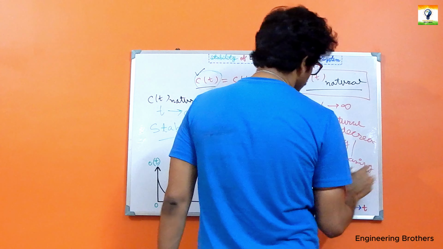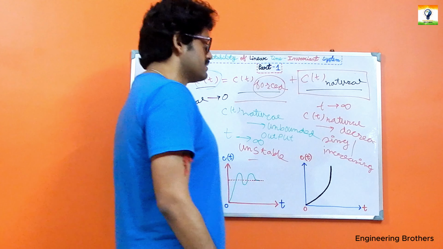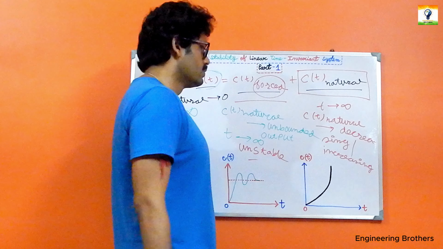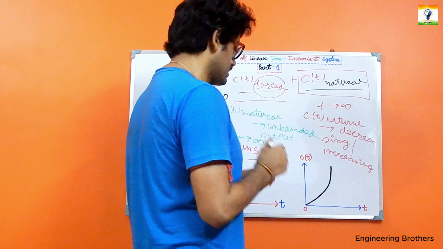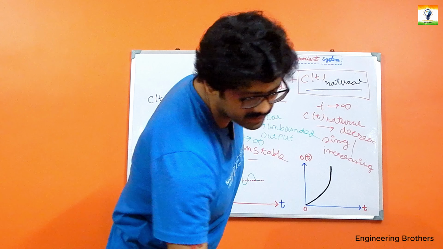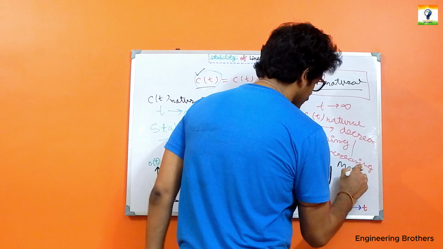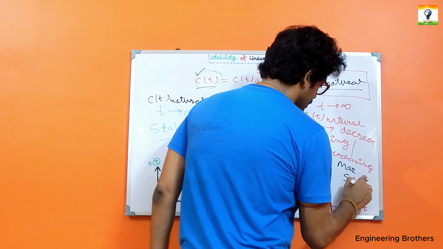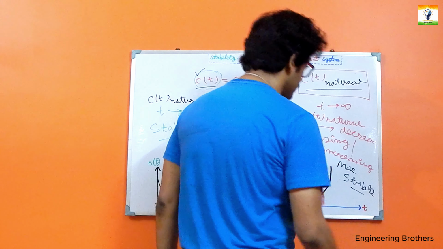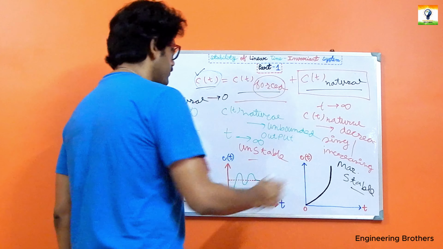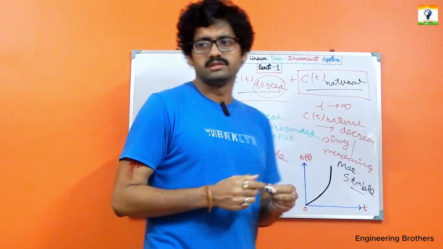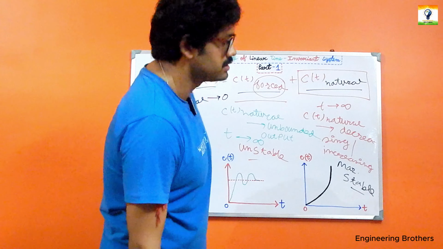Because of these two opposing natures, decreasing and increasing, we can say that the system itself is naturally marginally stable. This considered waveform gives us that this is going to be marginally stable.